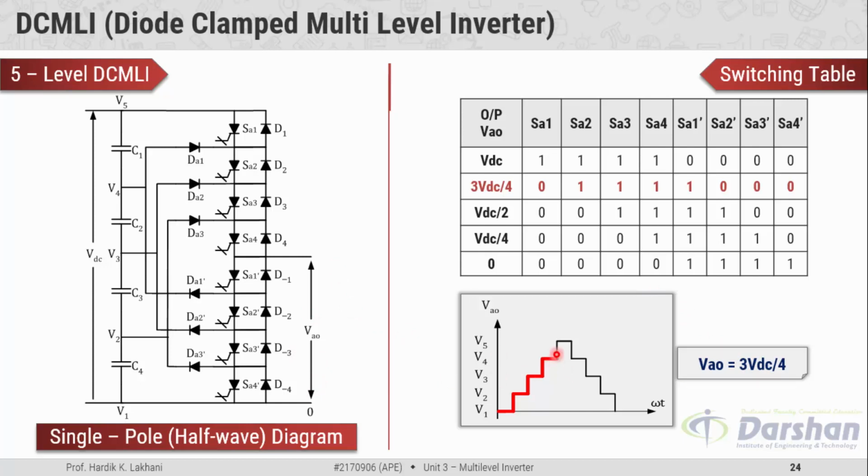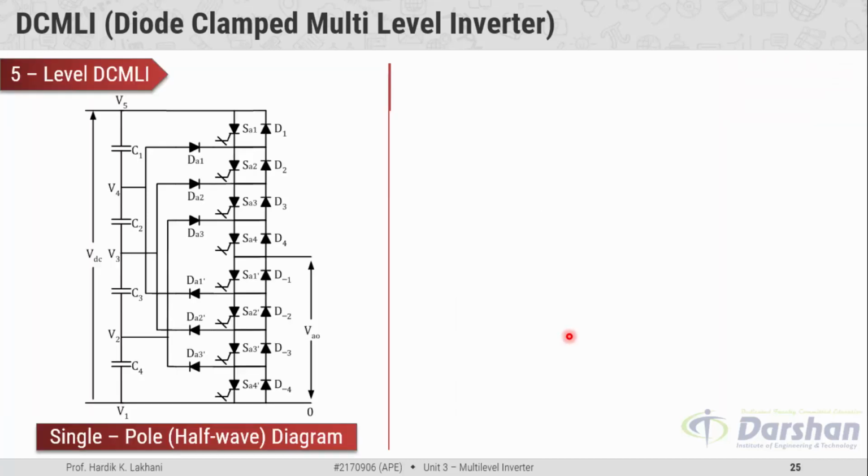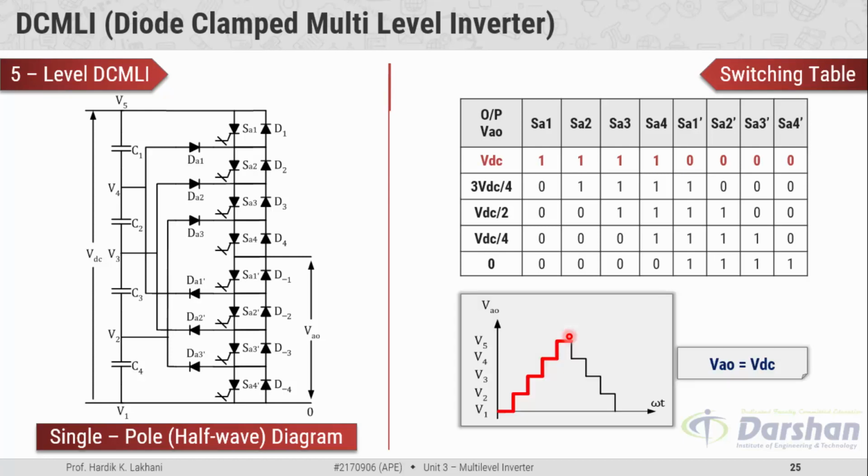And at this instant, to go from the fourth level to the fifth level, the states of the switches should be changed. As per the switching table, you can see that all upper half switches are turned on and all the lower half switches are kept off.